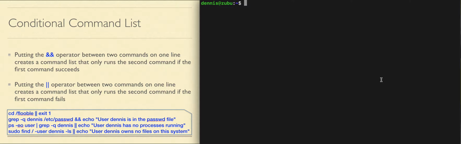So if I have a command that fails, like changing directory to a non-existent directory, I will normally get an error message, and I personally can tell it failed because I know what command I did and I can see the error message. A command that needs to be run based on the fact that that failed has no idea what the output was, but it can be run based on the fact that it failed.